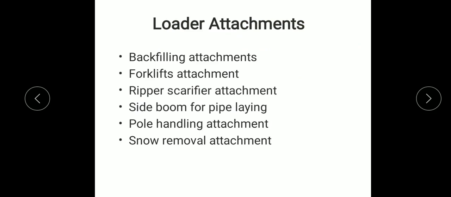Various types of attachments are provided to this loader. The attachments are backfilling attachment, forklift attachment, ripper scarifier attachment, side boom for pipe laying, pole handling attachment and snow removal attachment.